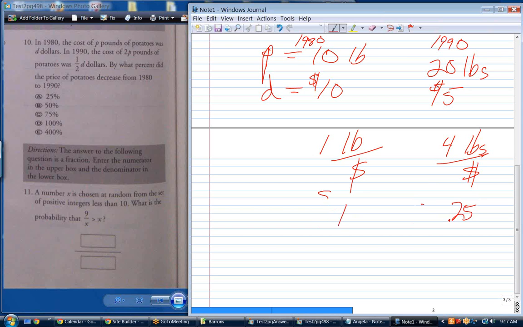This is $1 a pound. So it increased by 75%. It decreased by 75%. Yeah, decrease. Notice that if you had to increase 25 cents up to $1, you would have to increase it by 300%. So it really makes a difference when you're going up to down or down to up.